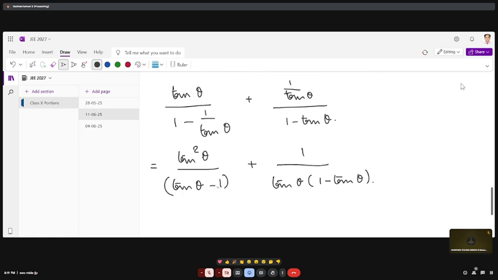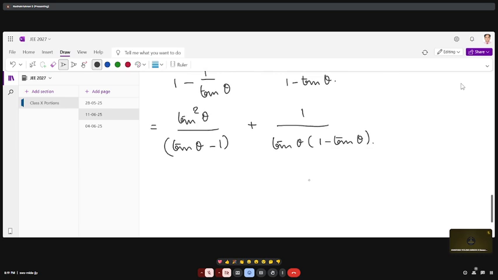So you see there's a common factor. So what you can do, try to add them up. You get tan theta minus 1 into tan theta into 1 minus tan theta.